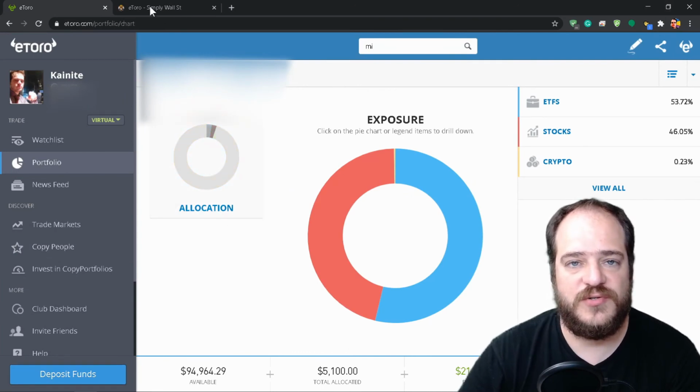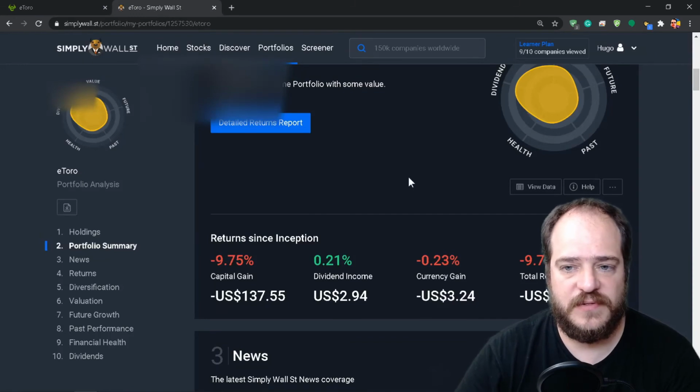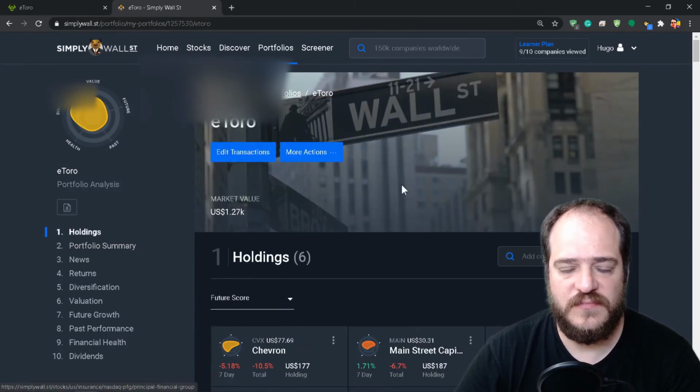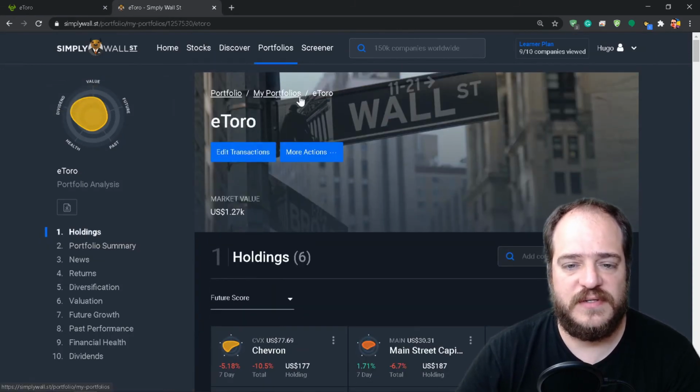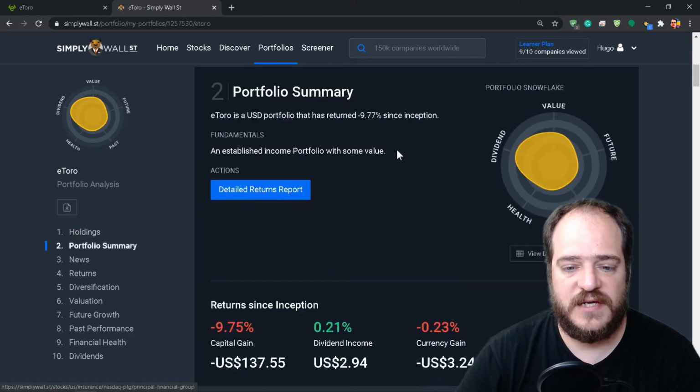So we should use a different tool, for example this one, which is Simply Wall Street. In this case I'm using the free tool, so I only have here six stocks, and this can show me more information about my portfolio.